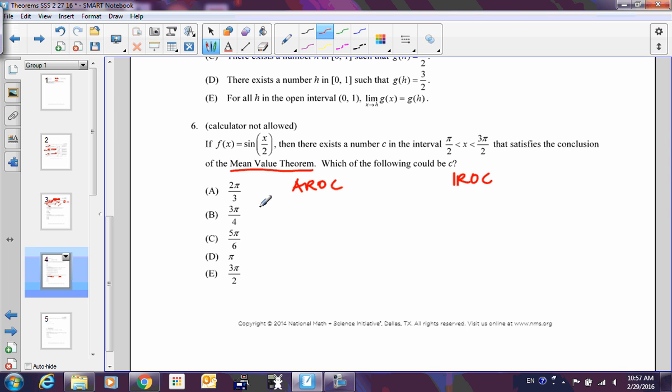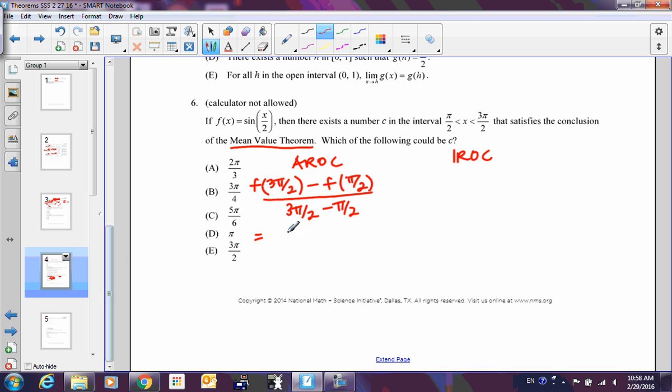Well, AROC would just be simple slope, f of 3 pi over 2 minus f of pi over 2, all over 3 pi over 2 minus pi over 2, y minus y over x minus x. And you got to do a little bit of work here to figure out what 3 pi over 2 is.